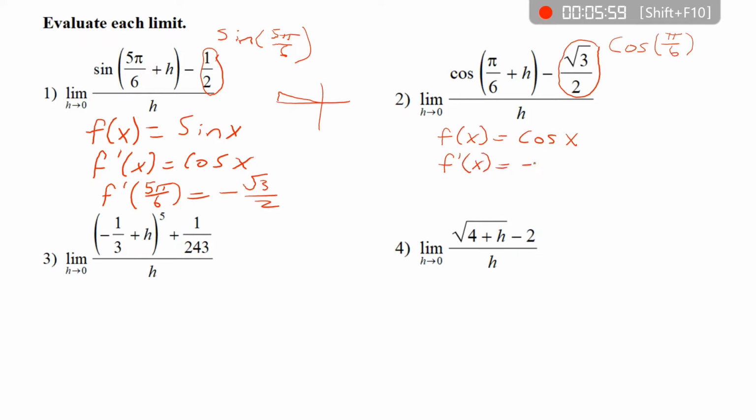Negative sine x. Okay, so what's this limit equal to then? Okay, so my sine at pi over 6 is 1 over 2, and then I've got the negative on the outside here, so this will be negative 1/2.